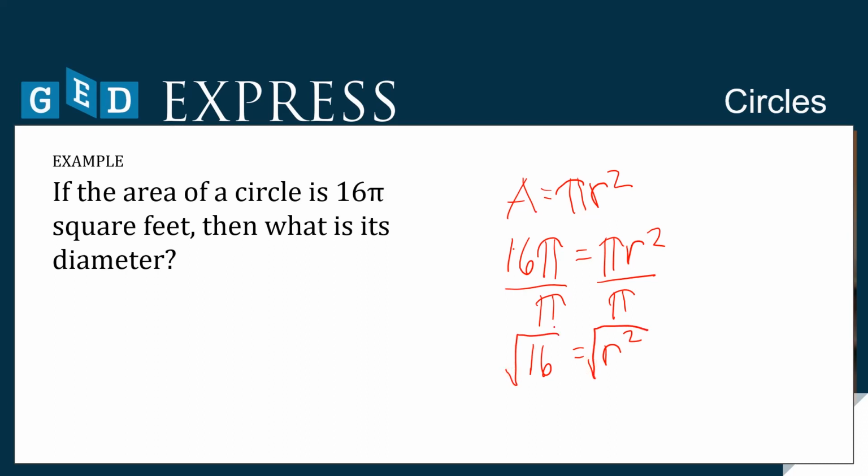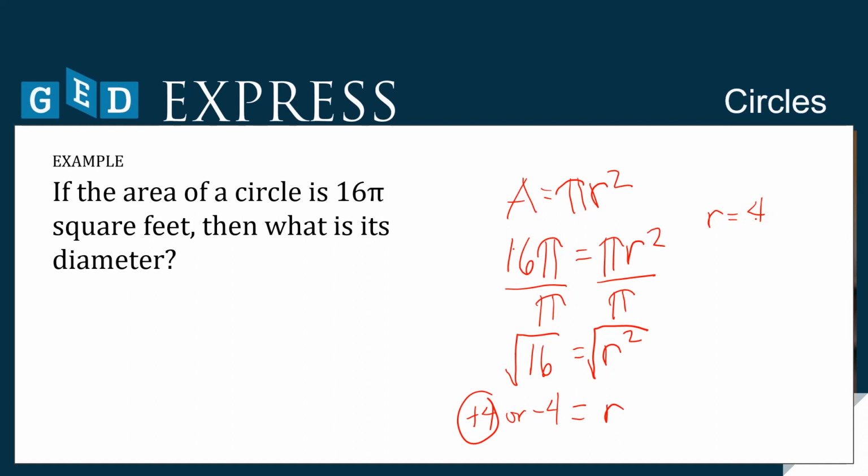So r is equal to plus 4 or minus 4. But since we are talking about length or distance, we will be taking the positive 4. So the radius is equal to 4.